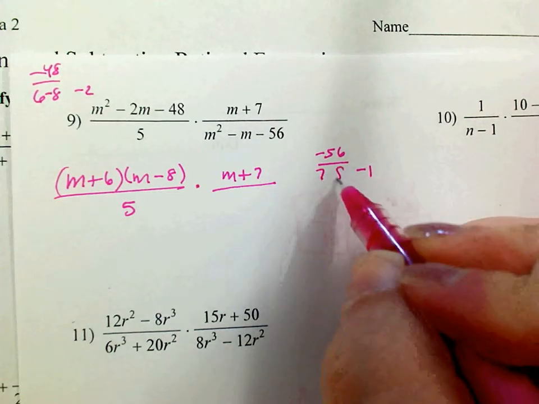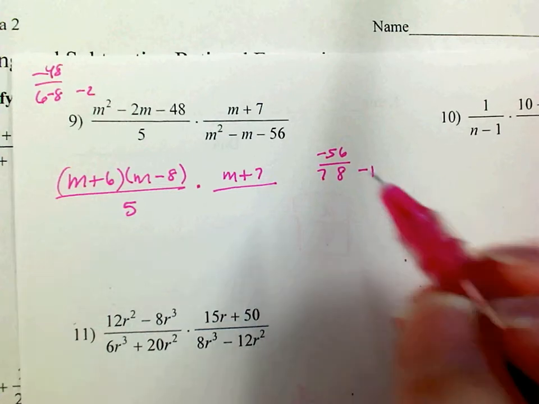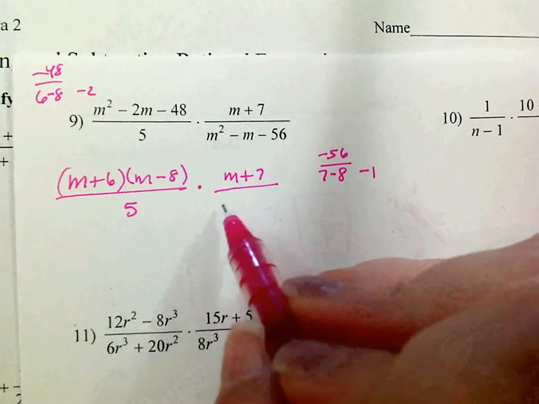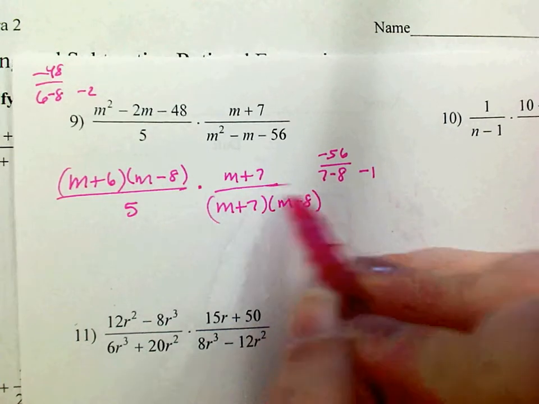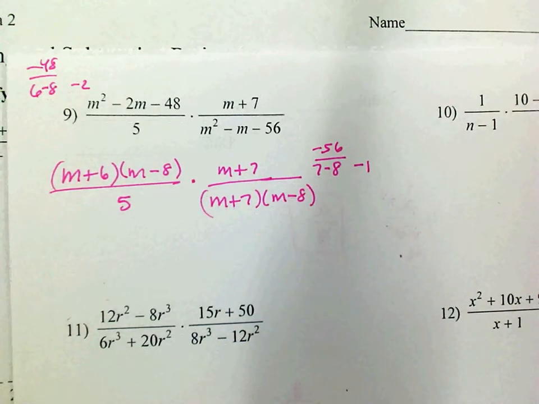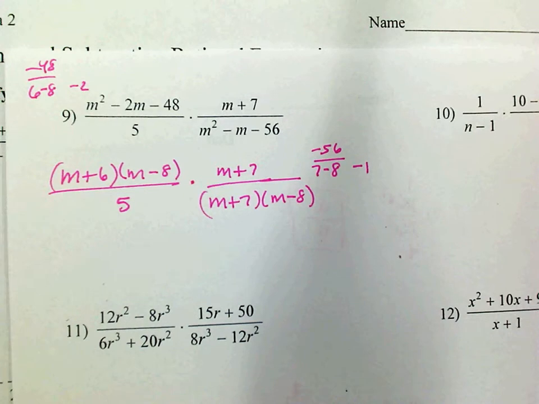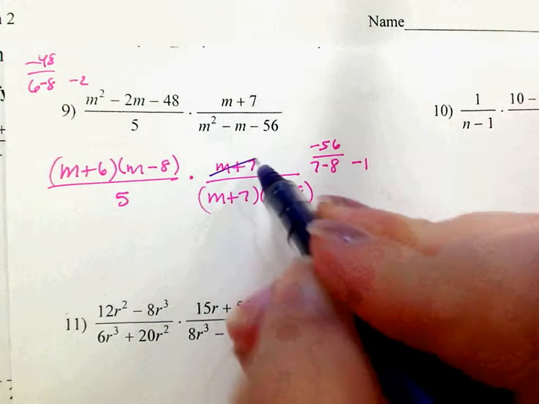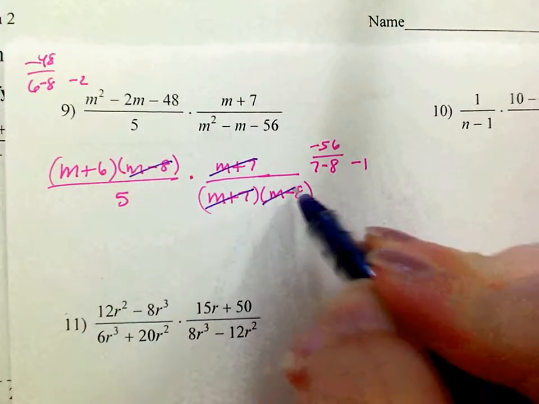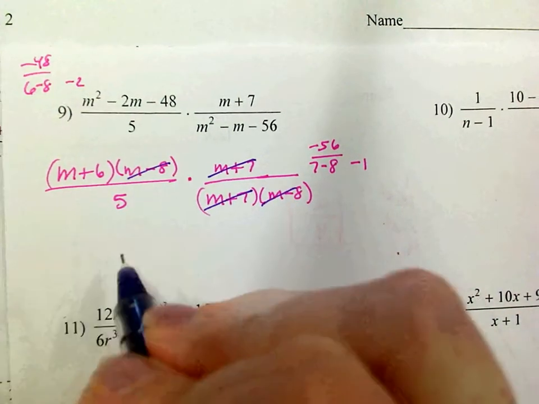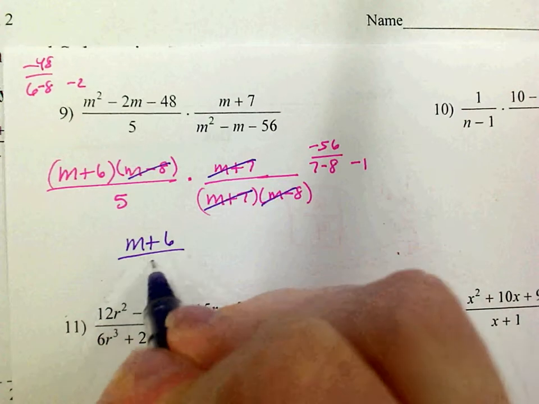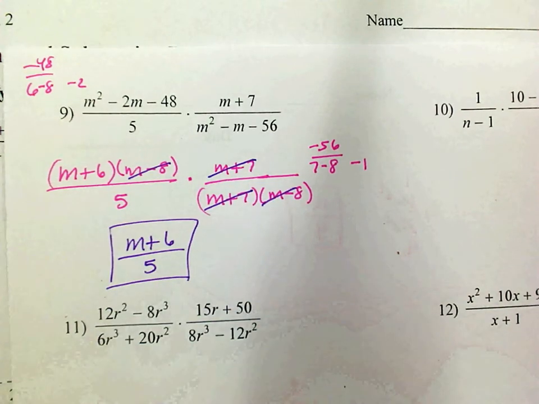So which one's negative? The 8. So I've got m plus 7 and m minus 8. Okay, so tell me what happens. Cancel what? So m plus 7 and m minus 8. So final answer? I don't know about Debbie, but I was right.